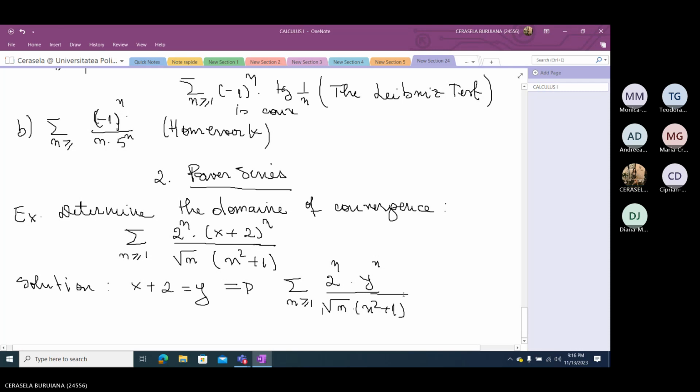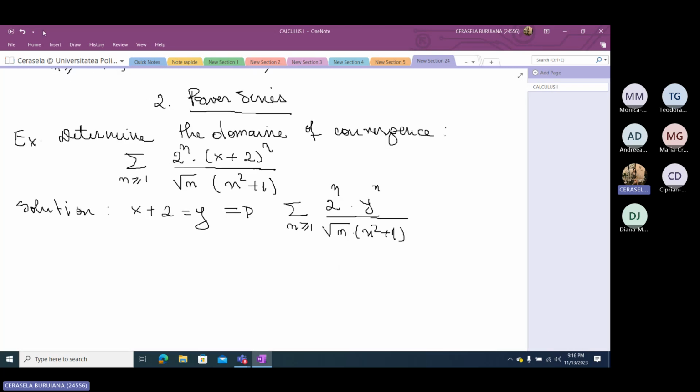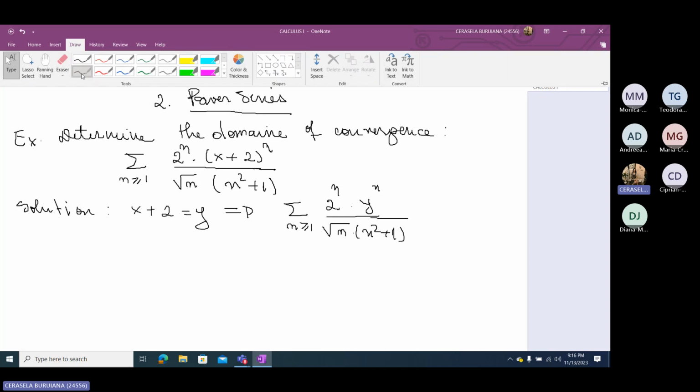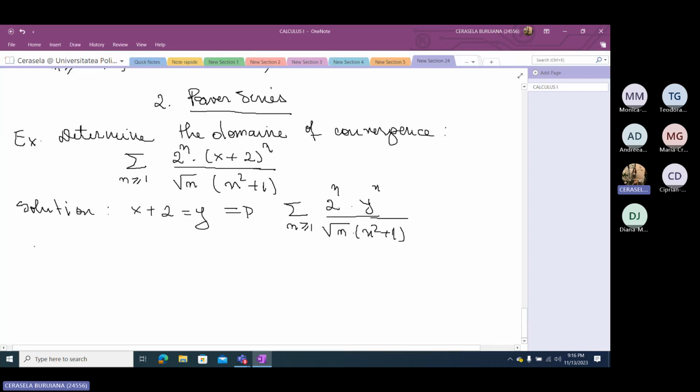Now, for the series in y, I have indeed a power series, so I can do what I learned for power series. I will determine the radius of convergence. And remember that we had two formulas to use for the radius of convergence. Which one do you advise me to use here? What do you think? The module?